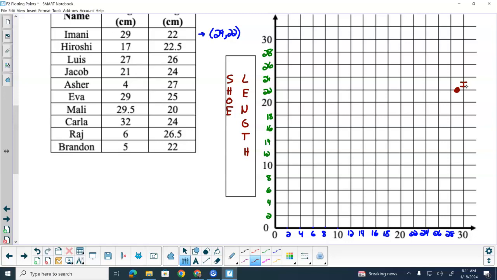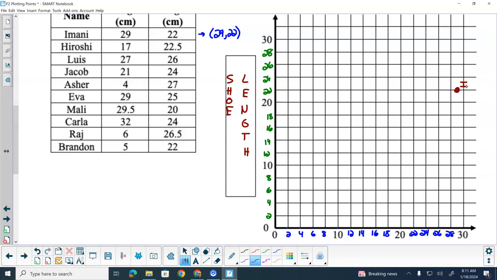Okay? How do I get Hiroshi's point? You mean distance, direction, distance, direction. Or direction, distance, direction, distance, too, I would also accept.